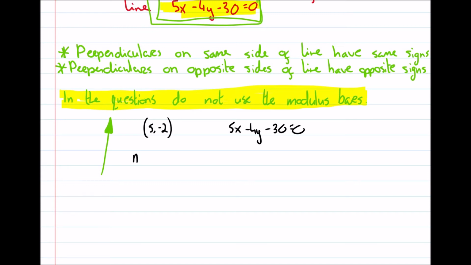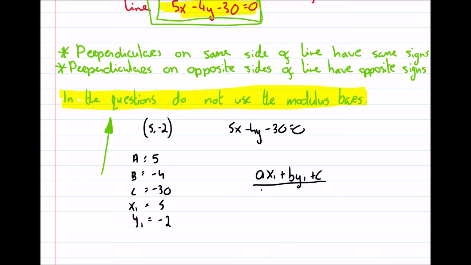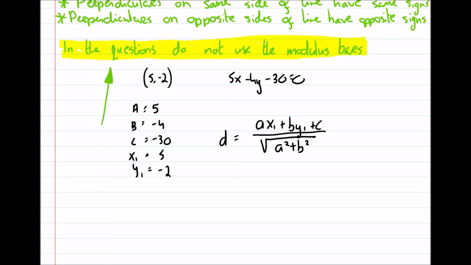Right, so my A, B, C, x1, y1 are as follows. 5, minus 4, minus 30, 5, minus 2. My formula, ax1 plus by1 plus c all over square root of a squared plus b squared. The distance is that. I do not use these modulus bars, not for these type of questions. Right, let's go.